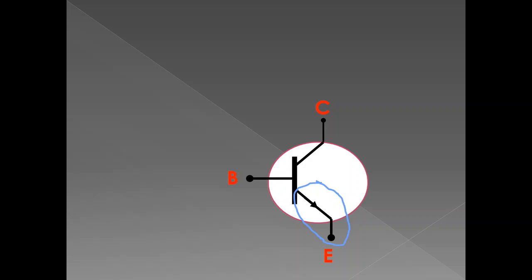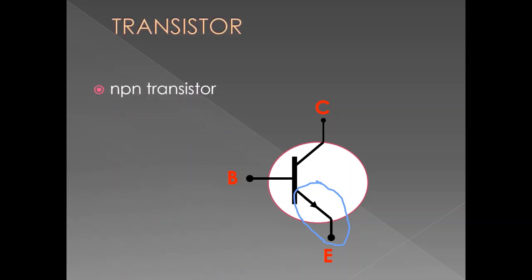For the NPN transistor, notice that the arrow is pointed toward the E terminal, downward. That arrow shows the direction of the current flow. So for NPN, the current flows downward toward the emitter terminal.